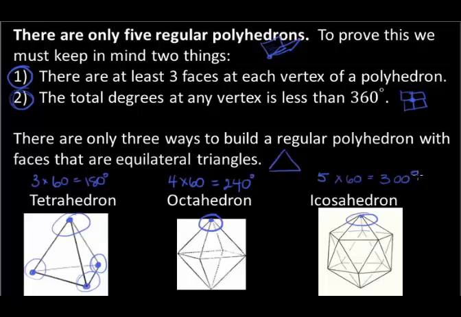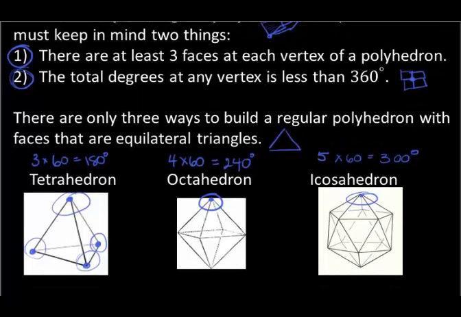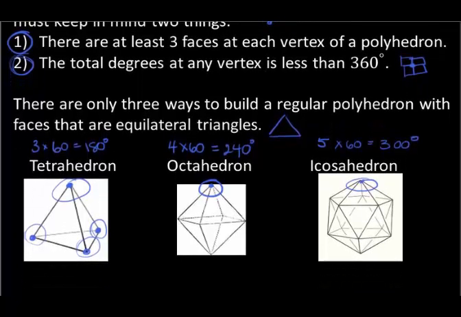Now, if I tried to use 6 triangles, well then, I would have 6 times 60 degrees, which would give me 360 degrees at the vertex.